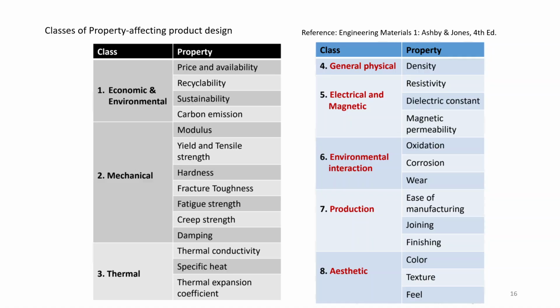So you have to keep all things in mind while you are making some product. Mechanical properties, again modulus, yield and tensile strength, hardness, fracture toughness, fatigue strength, creep strength and damping. Then thermal properties such as thermal conductivity, specific heat, thermal expansion coefficient.